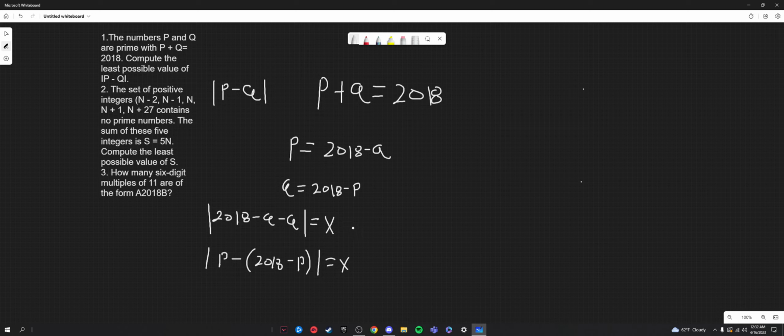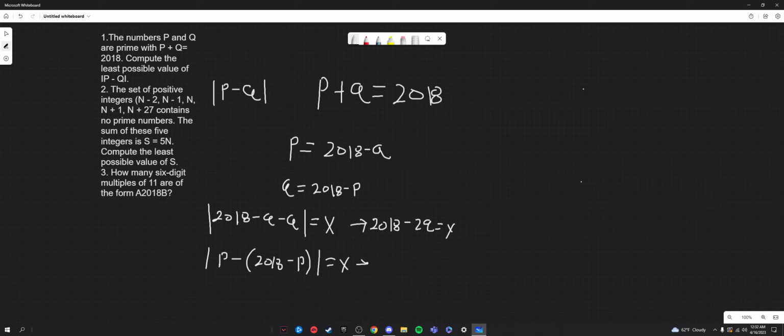So we can simplify these equations and essentially make them into linear equations, and from there we'll get the solution. We're going to take just the positive version of this. X is already positive, so we're just going to remove the absolute value signs and simplify this down. So we'll have 2018 minus 2q is equal to x.